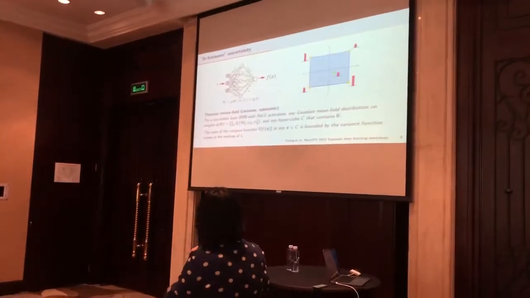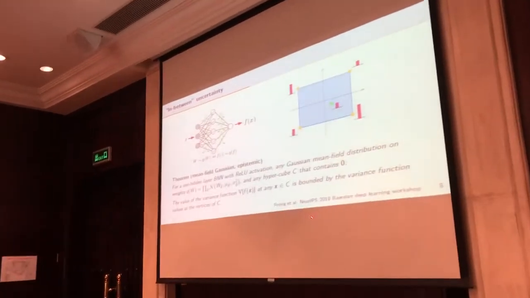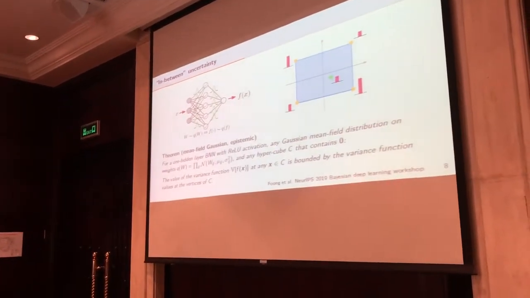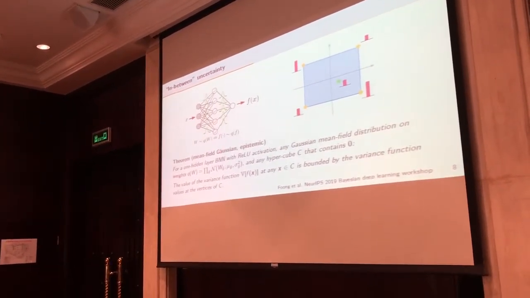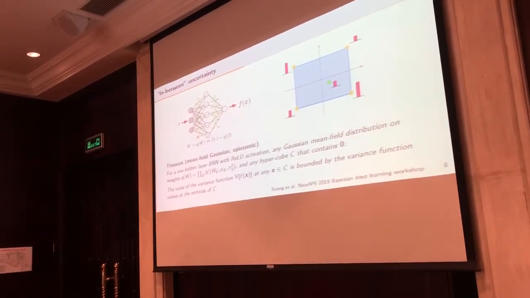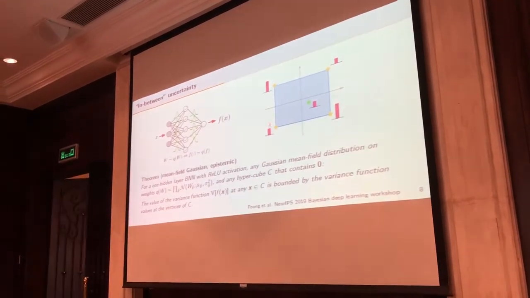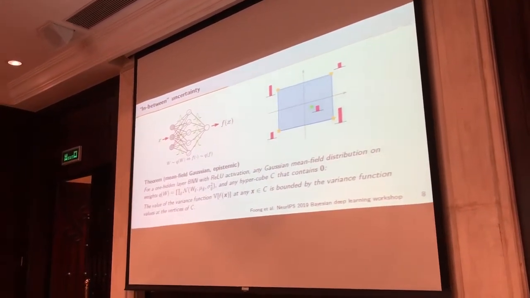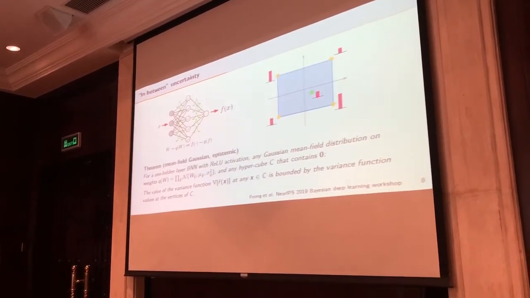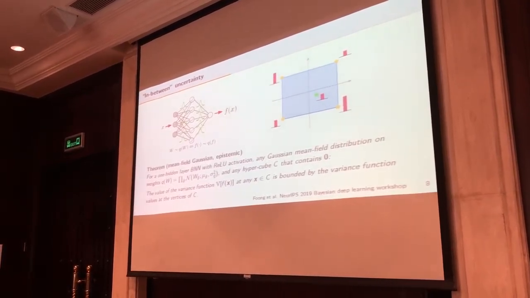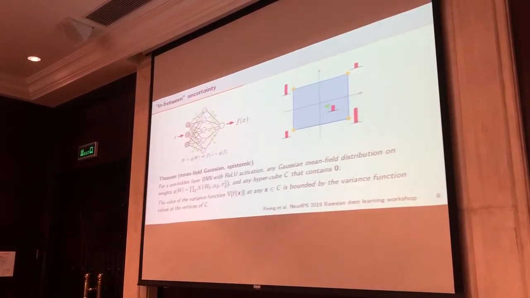Now let's see some of the results we have. I'm not going to read through these, but let me talk through them with the cartoon. The result we have, which we are going to present at this year's Bayesian deep learning workshop, is that if you use a one hidden layer Bayesian neural network with random activation and a Gaussian distribution as the Q distribution, then you have uncertainty bounds, in the sense that the uncertainty estimate, in terms of the variance at a point in a hypercube, is bounded by the variance function at the corners.